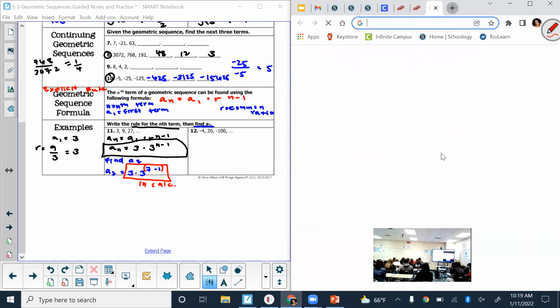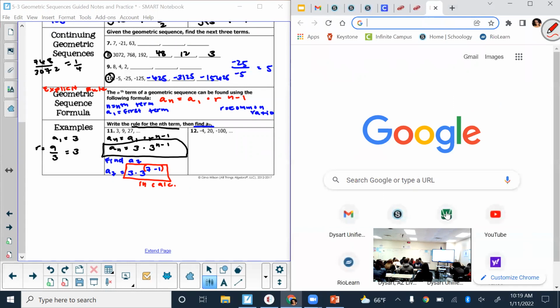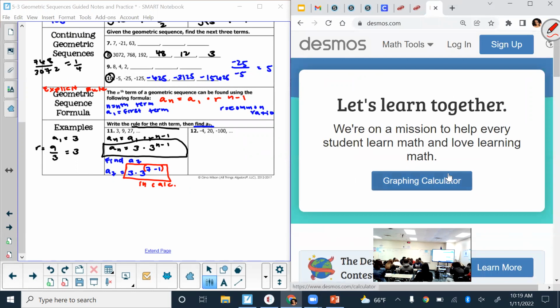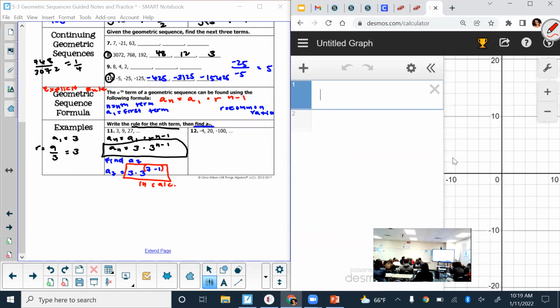So I'll show you with Desmos. I have 3 times 3 to the 7 minus 1. Again, in parentheses, because if I do it without it, it kicks it out. Right, like it won't let me do it.